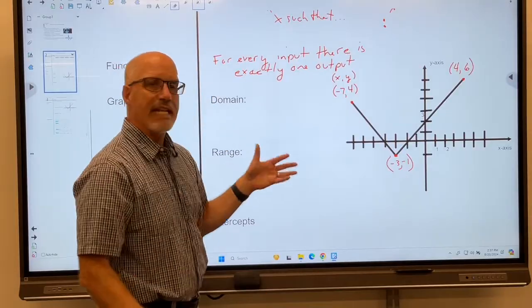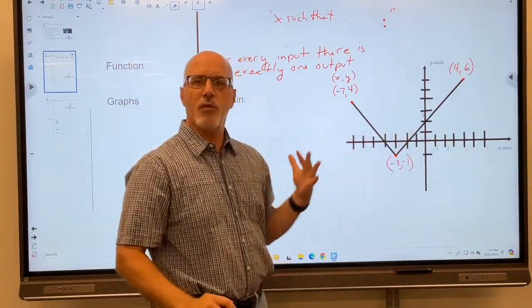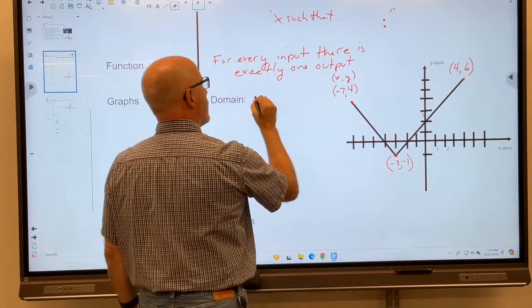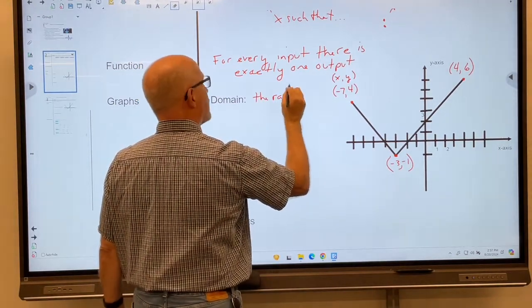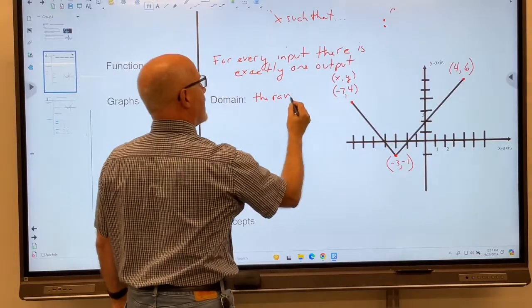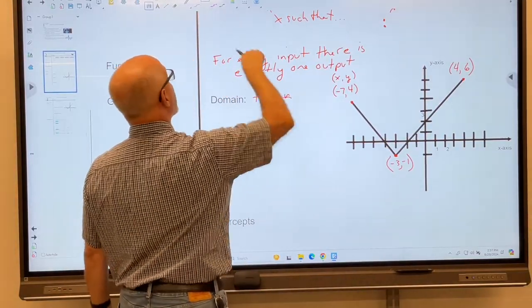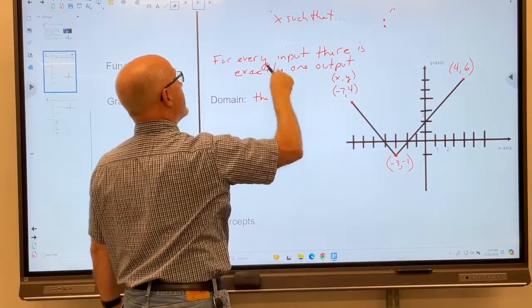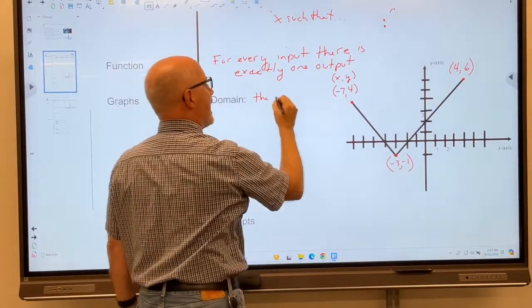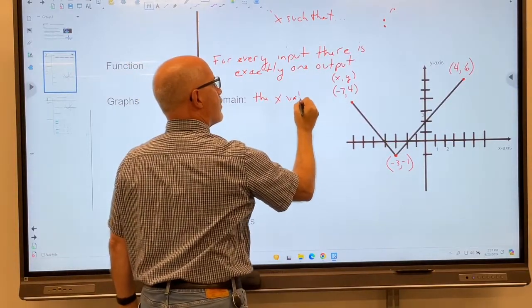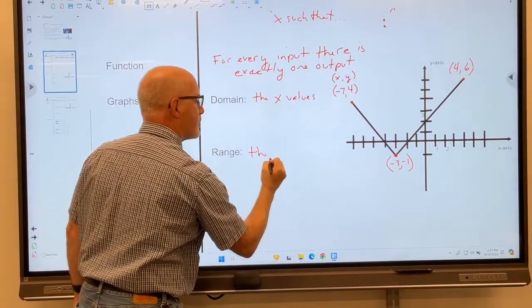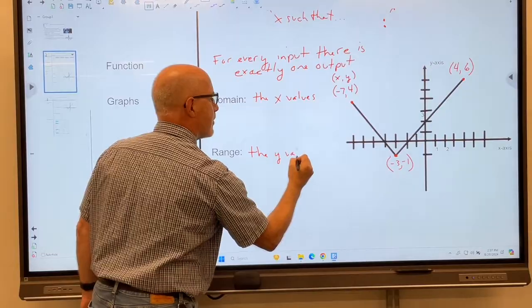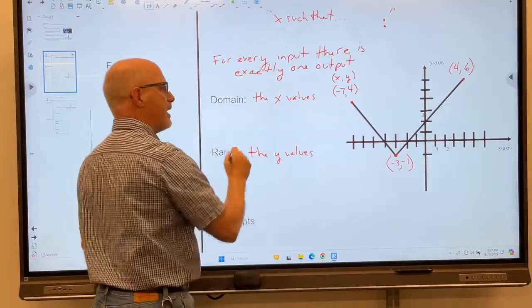Now domain is the list of the range of the X values. So this would be the range of X, the X values are what we're listing when we talk about the domain. The range is the Y values. So look at the x values here.